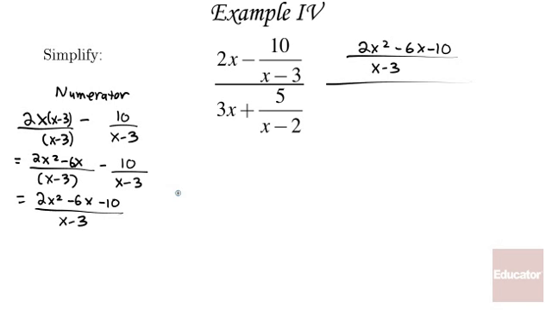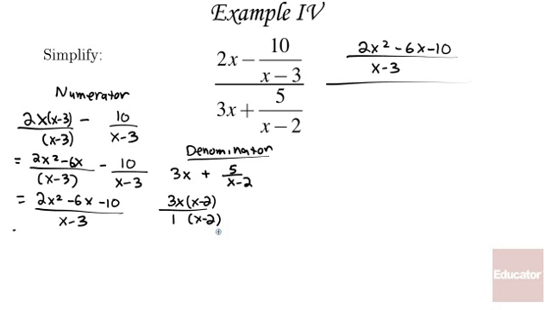The denominator I will do right here is another mixed expression, 3x plus 5 over x minus 2. Well, I need to multiply 3x, which is really 3x over 1, times x minus 2 over x minus 2.